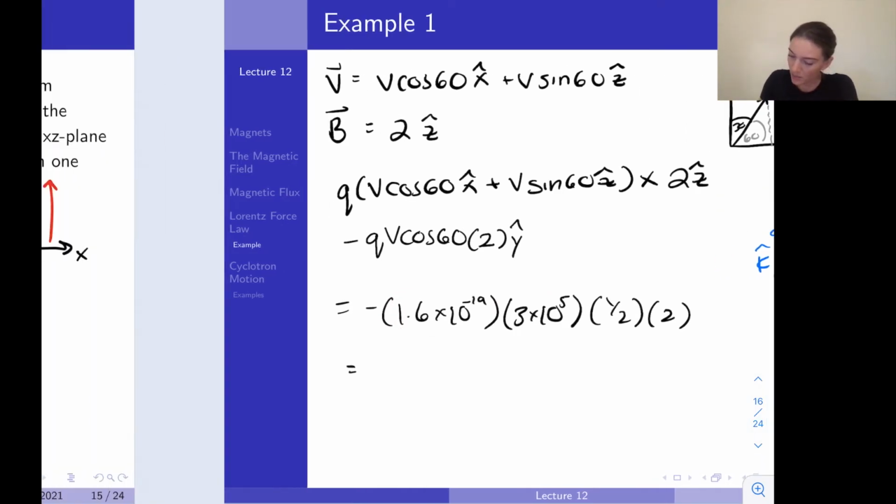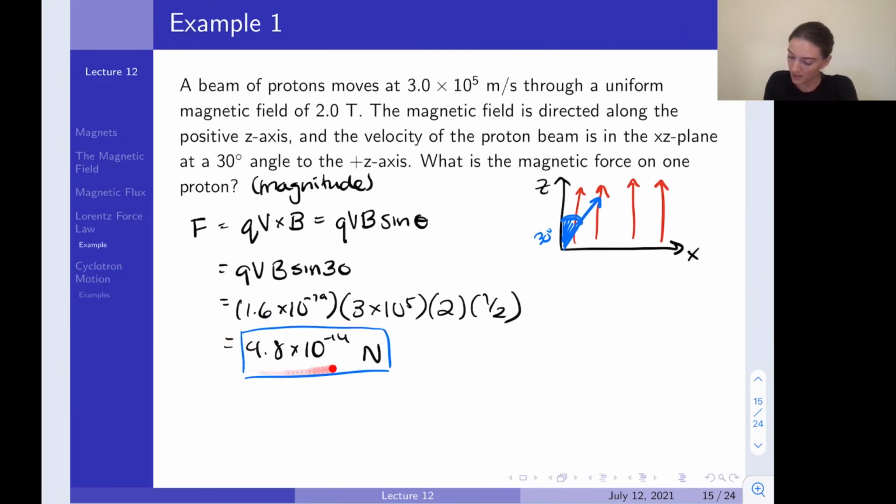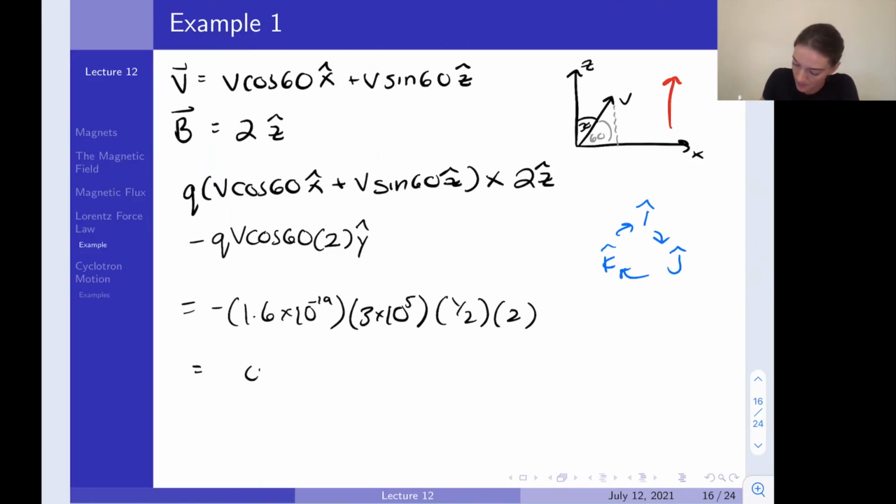So we end up with the exact same number here, 4.8 times 10 to the negative 14. But we have a negative and a j hat, since we found the full force using a cross product. So that's if we wanted to find the full force on that.